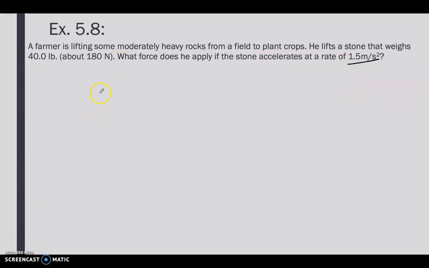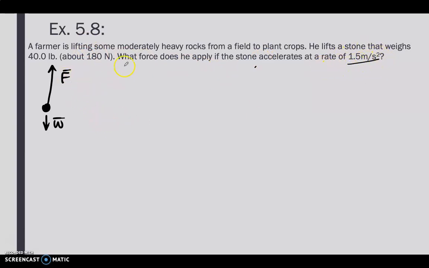This is where we're going to have to create a diagram to understand what is going on. If we have a rock, I'm going to draw it as a point, and it has some weight, call it W. The farmer applies a force in which the rock accelerates towards him, so we have that positive acceleration.